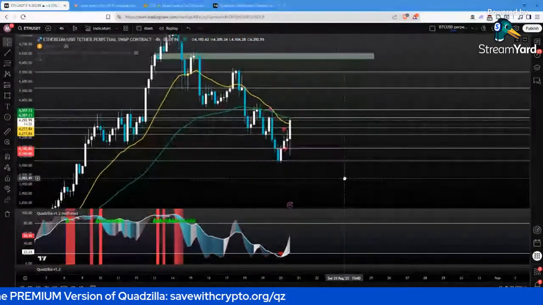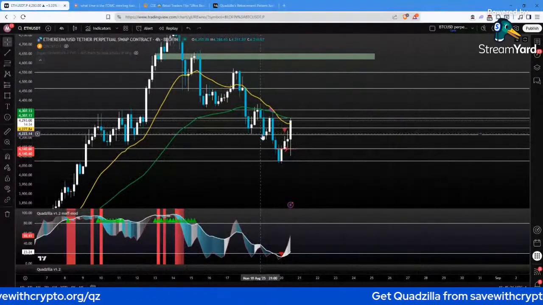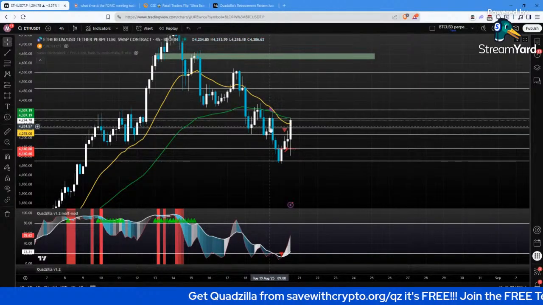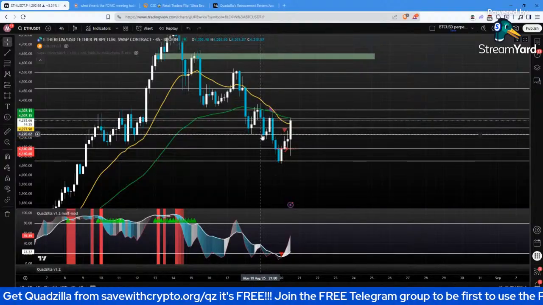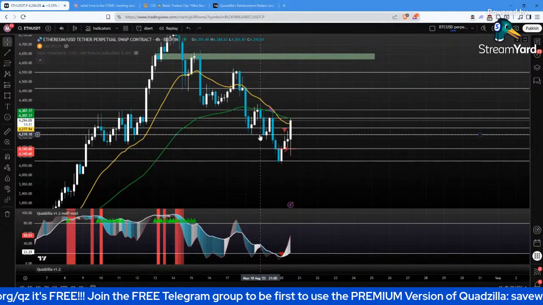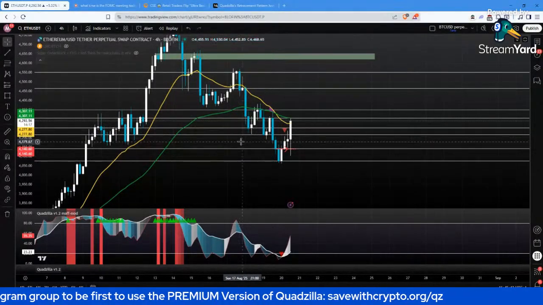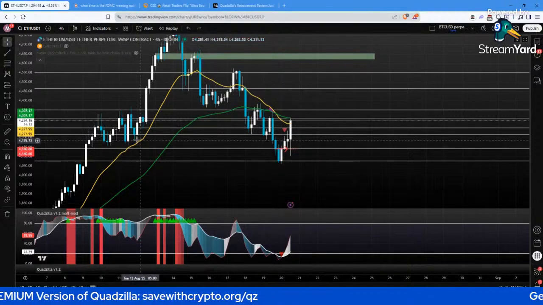So what I've done with that, I've just drawn out these particular levels, and I think that's actually quite nice. I didn't even really think about that. So that's probably a block of orders, sort of like some institution with their block orders built up there, and obviously that wick down into that zone as well.